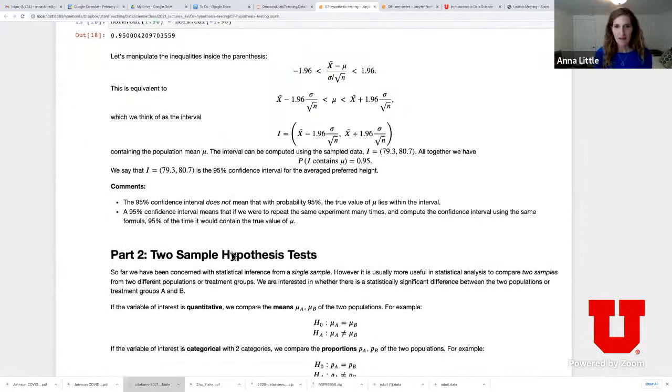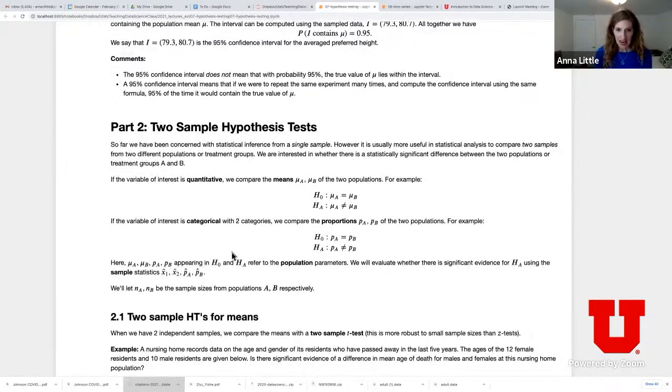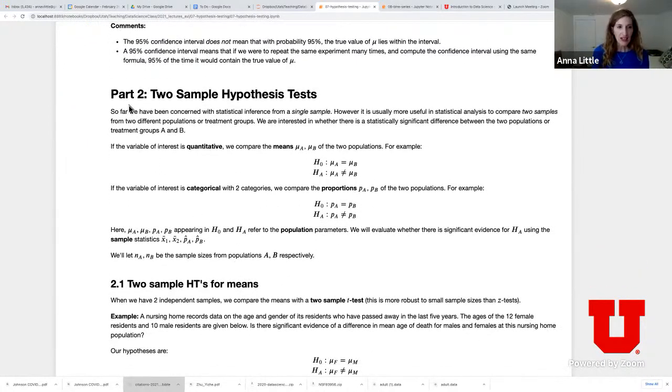So read through that. But I thought we would get started today looking at part 2, which is on 2 sample hypothesis tests. You may remember last time we started talking about statistical inference and setting up hypothesis tests from a data set to test a hypothesis about the population.